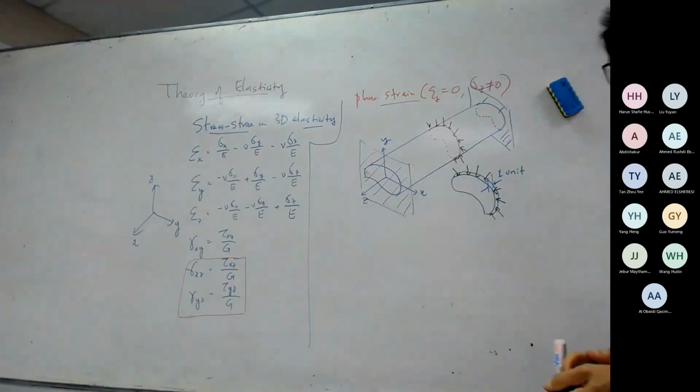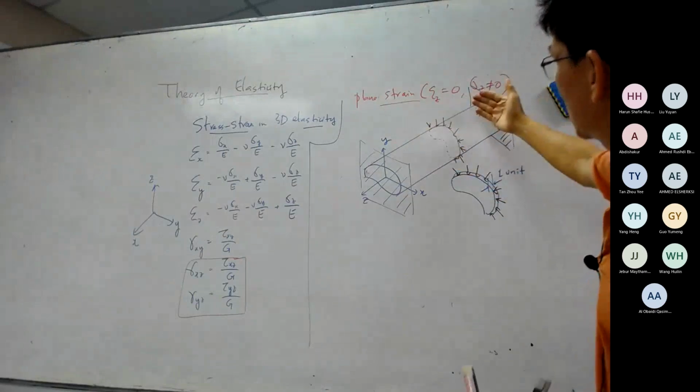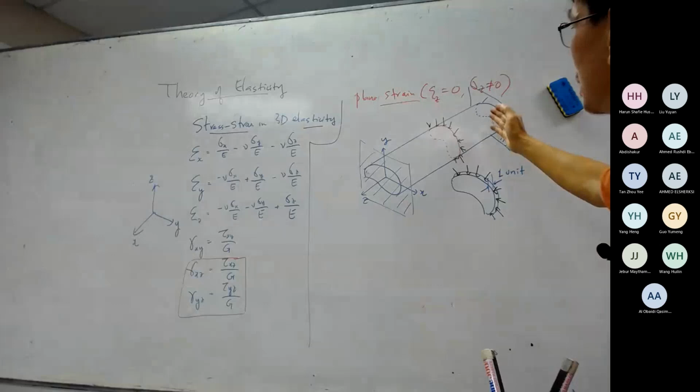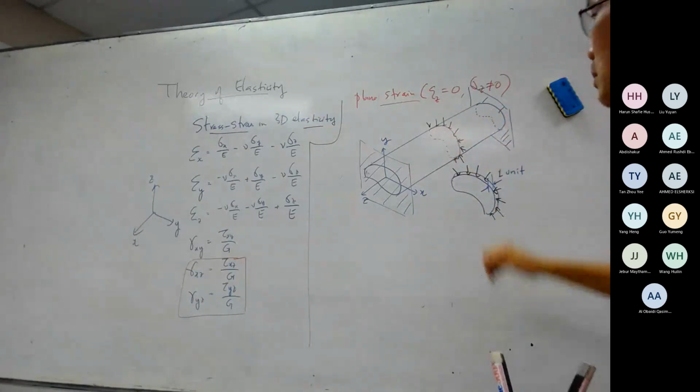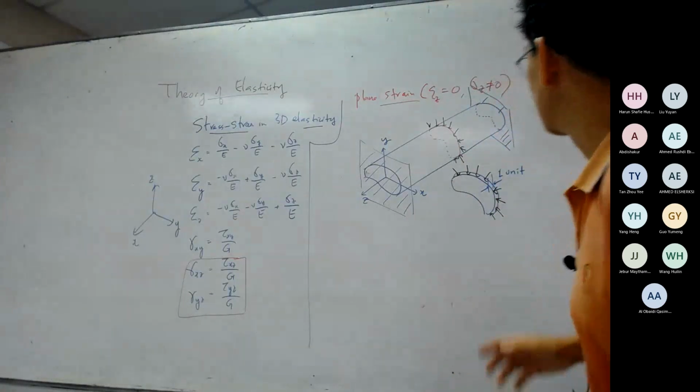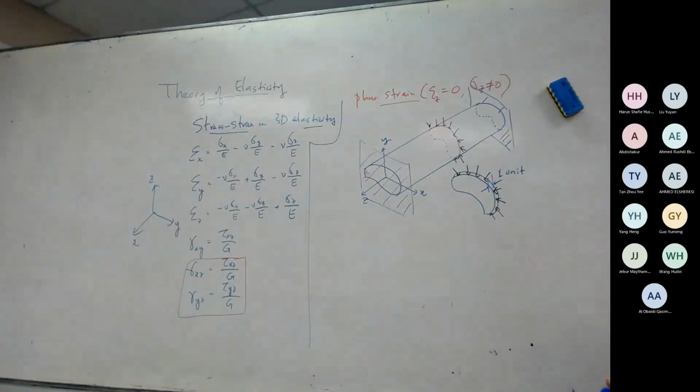Whatever we obtain from one particular slice anywhere here will represent the whole structure. It can represent the state of stress in the whole structure. So that is plane strain.